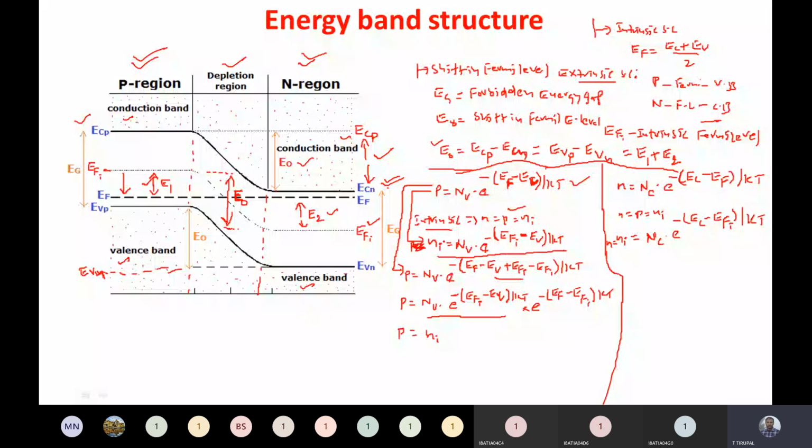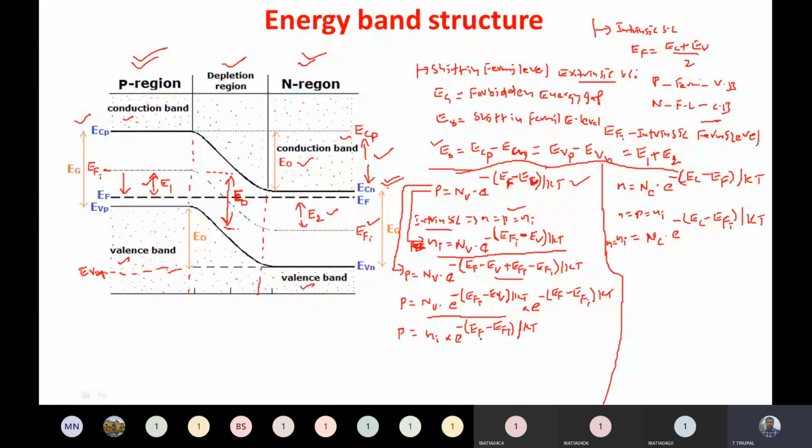So therefore this complete thing can be written as Ni into, what is the remaining thing? E power minus of EF minus EFI divided by KT, isn't it?